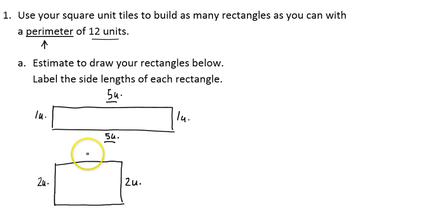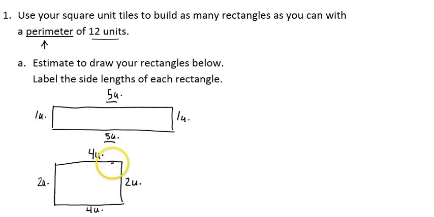That means that the 2 lengths, when added together, need to equal 8 units, because 8 plus 4 would give me the 12 units that make up the perimeter. I know that the length must be 4 units then, because that gives me my 8. 2 and 2 is 4, 4 and 4 is 8, so 4 plus 8 is 12.